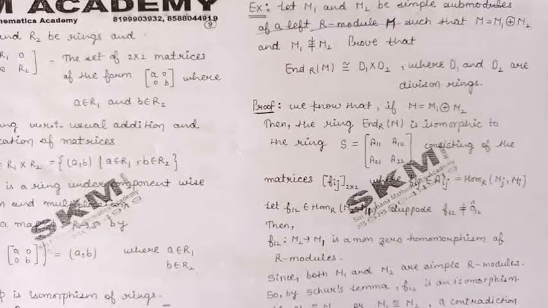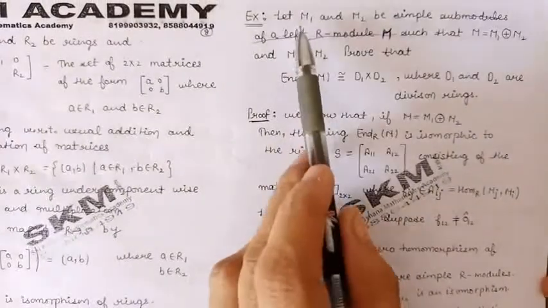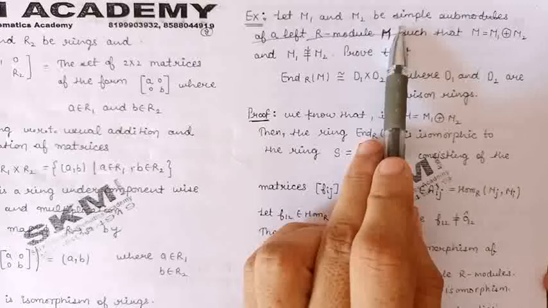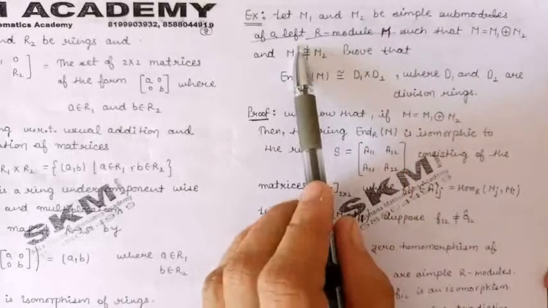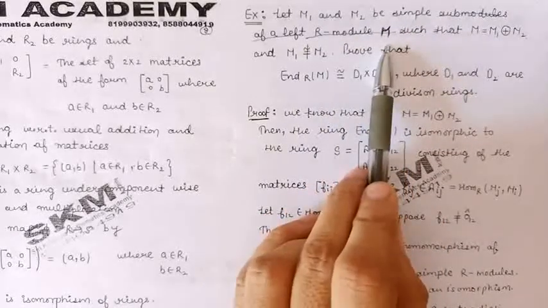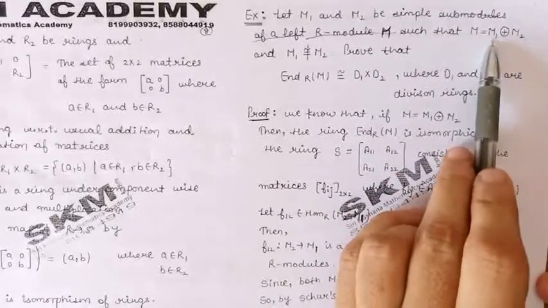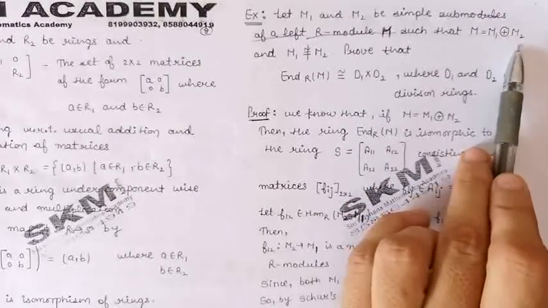In today's lecture, we will discuss some exercises related to the theorem which we discussed yesterday. So our first problem is: M1 and M2 are simple submodules of a left R module M such that M is the direct sum of M1 and M2.